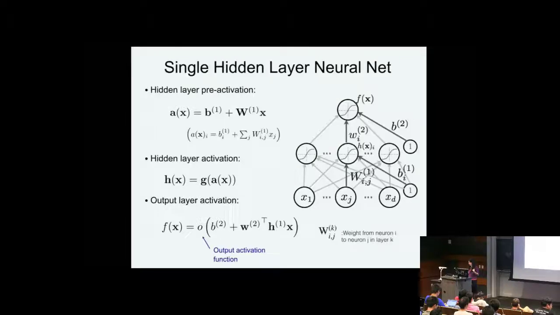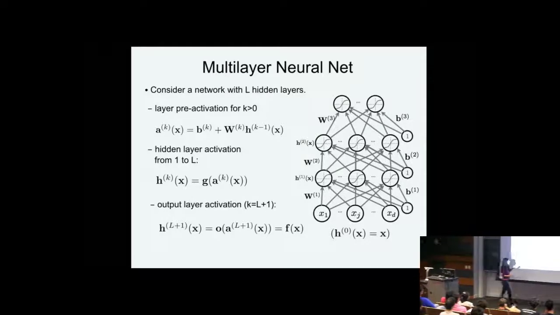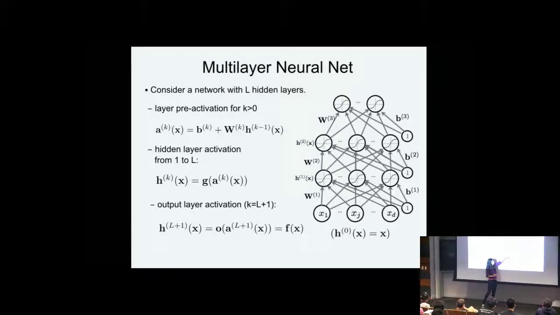Okay, so here we have multiple layers. Here we have only one hidden layer. Here we have multiple ones, and things go the way you understand it. The output of the first feeds the input of the second, and the output of the second feeds the input of the next one.